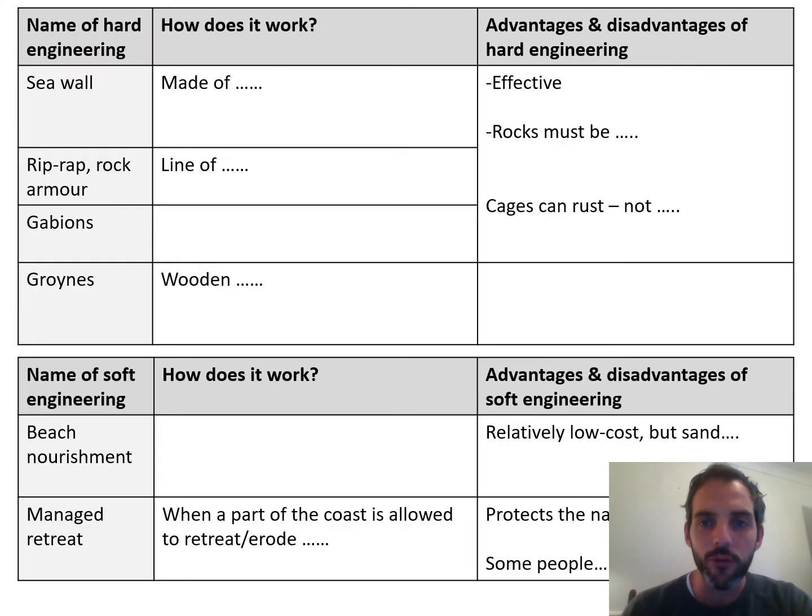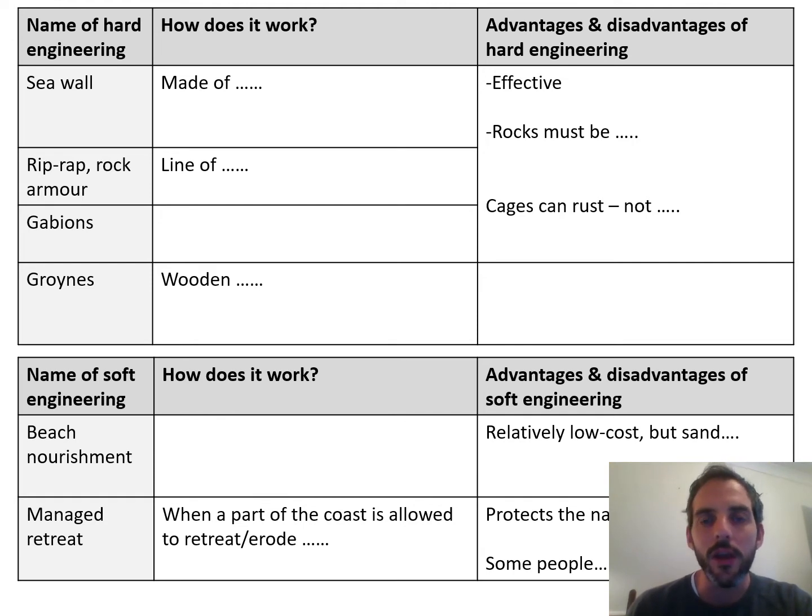So today we're going to try and build up a detailed profile of different ways of managing, looking after the coastline, trying to stop erosion. From your definitions, you wrote down hard engineering and soft engineering. Hard engineering involves changing the landscape by building man-made structures and trying to stop the sea doing what the sea does, which is to erode.